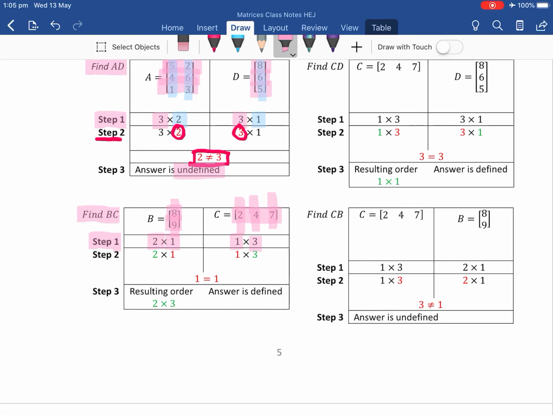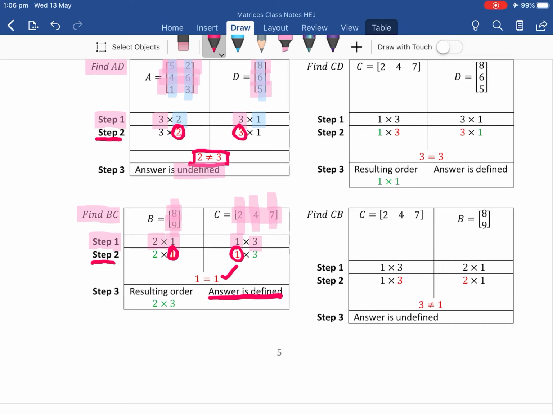We've got our order there. Step 2, we need to see, do those middle numbers equal the same? The inside one is 1 here, and 1 here. They are the same, which means we can multiply these together. So our answer is defined.